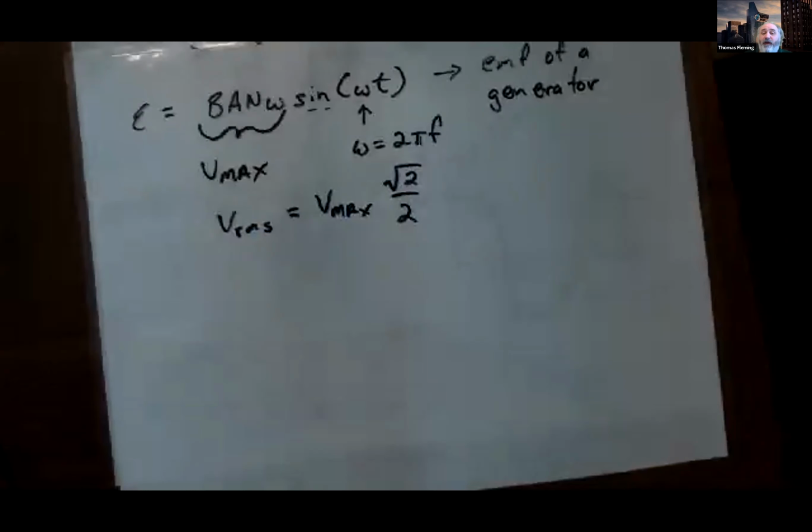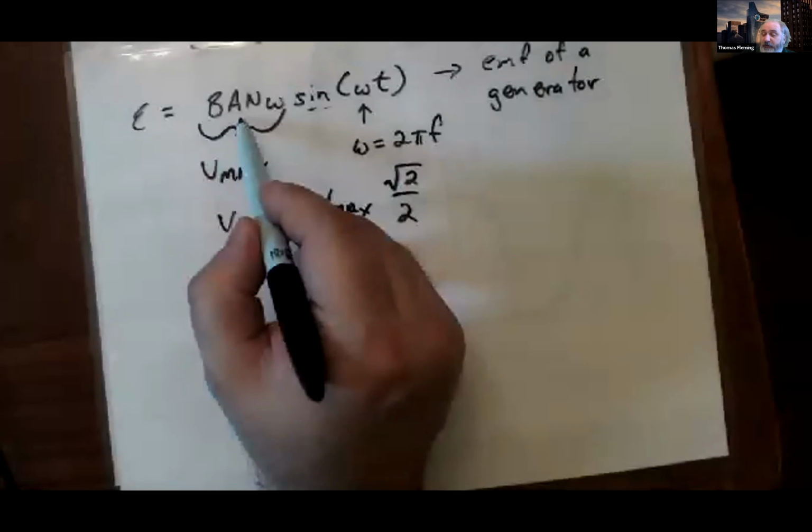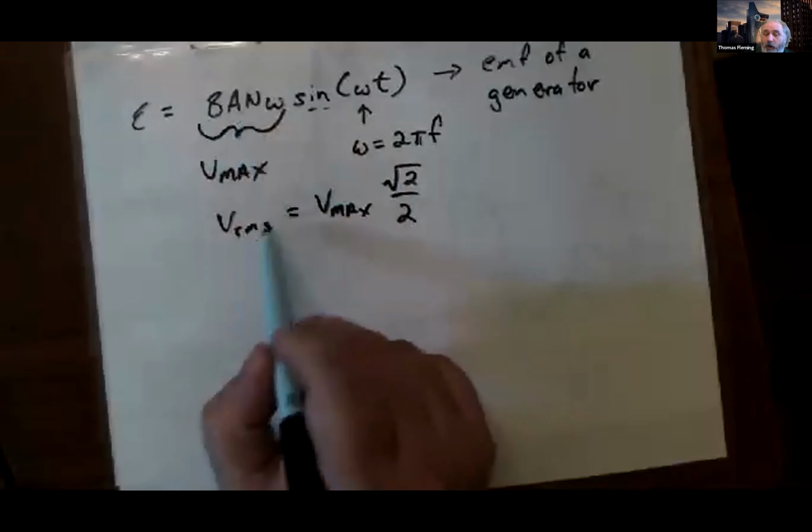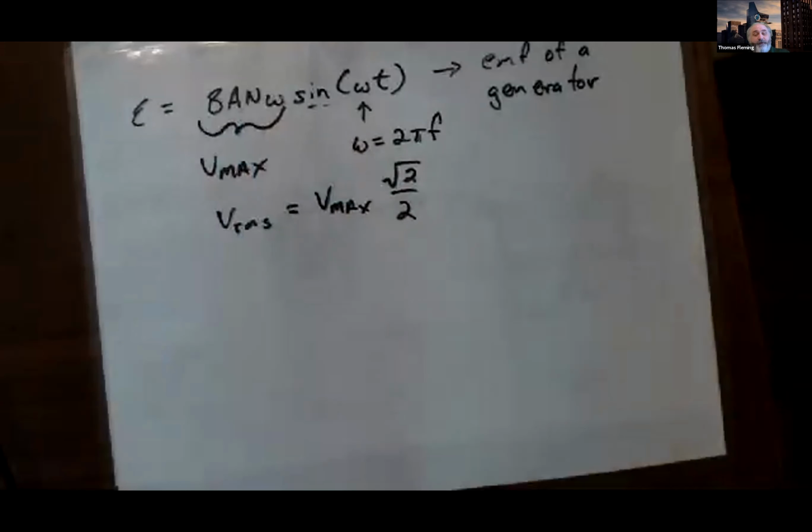So now we have a direct through line to, I'm spinning a magnet, I can figure out how big that voltage is, then I can use that to figure out the RMS voltage, and they're all interrelated. So, pretty nifty. So that's Faraday's law at its core. This idea that when you take the flux through some surface, it will end up generating a voltage that tries to resist that change.